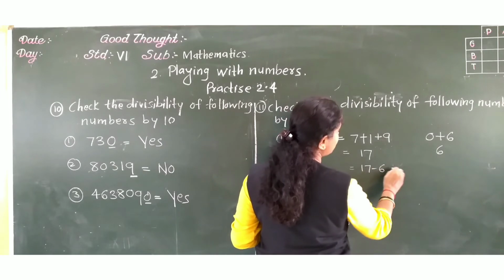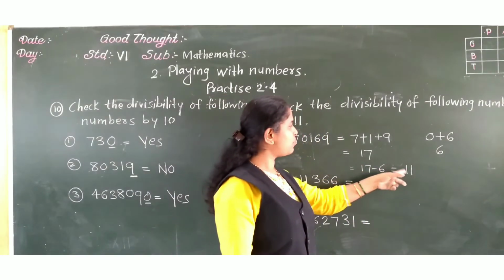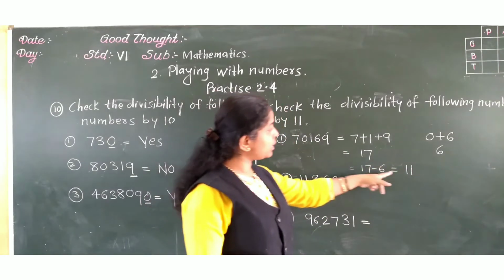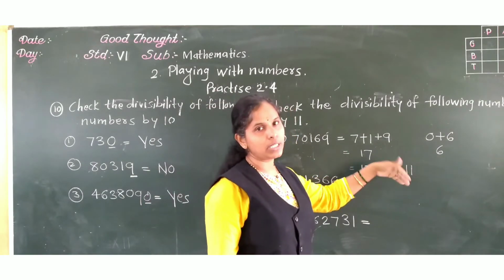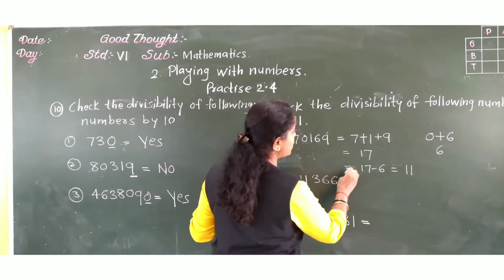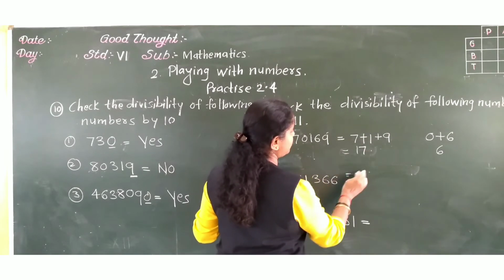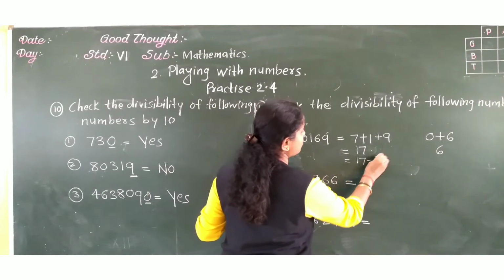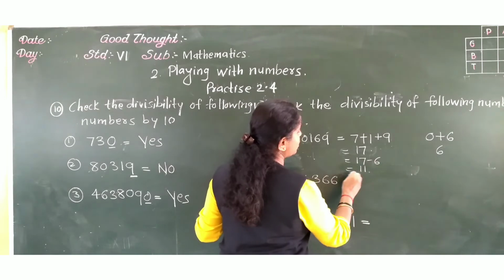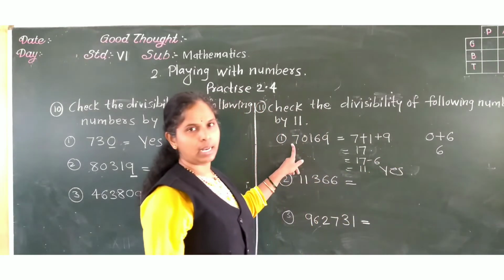How much? 11. Correct? So can we divide this number? See, the answer 11 is there. No? 11 is divisible by 11. That means this number is also divisible by 11. So yes, we can divide this number by 11.